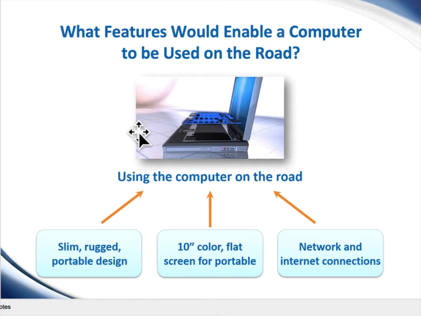How heavy is a certain screen, and will that extra weight be beneficial or detrimental to the use on the road? How about network and internet connections? Let's look at how they benefit the traveler segment, not from the brand design perspective, but from the needs satisfaction perspective.